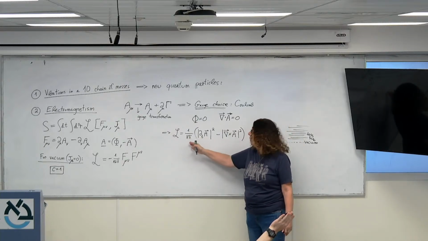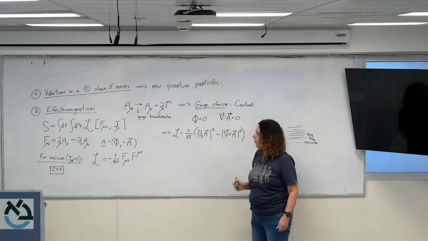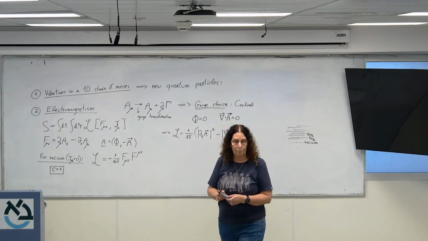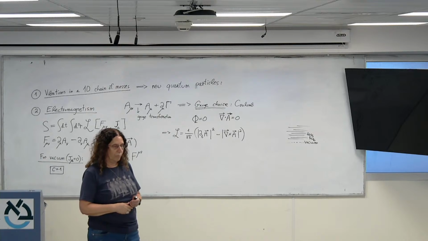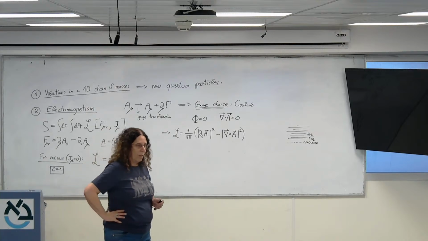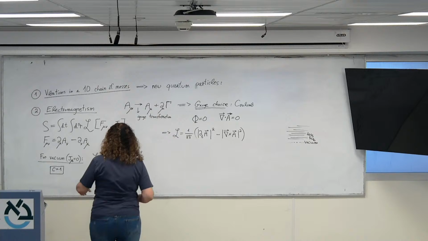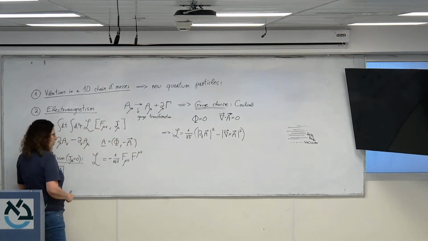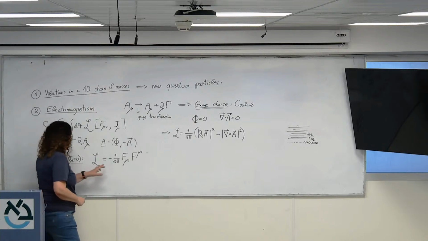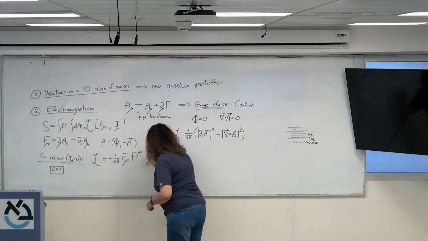If you want to find the Lagrangian, you have to integrate over space. We can do this specifically in a vacuum. If you are not in vacuum, there is another term in the Lagrangian.